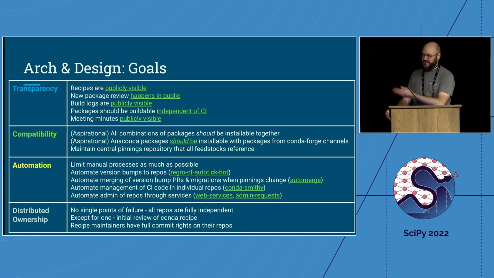The number of feedstocks in Conda-forge is several orders of magnitude larger than the number of people that do most of the general work in Conda-forge, and so we have to automate everything, and to that same end, ownership of these things has to be extremely distributed.